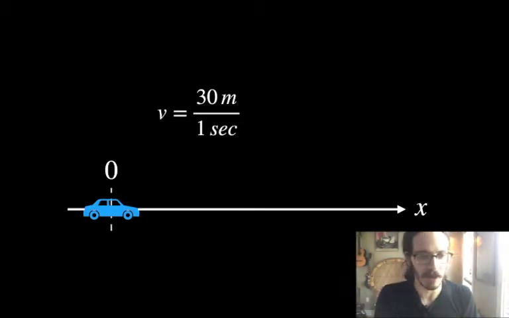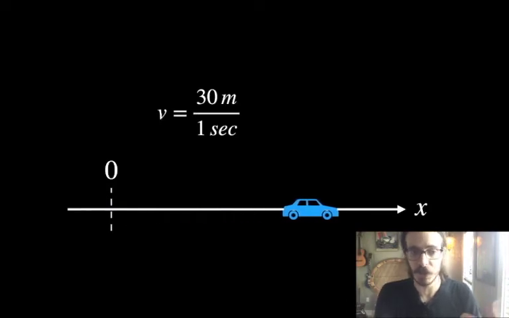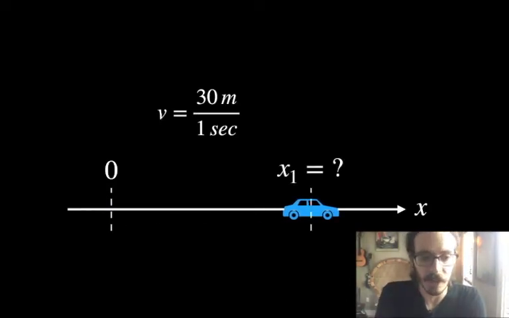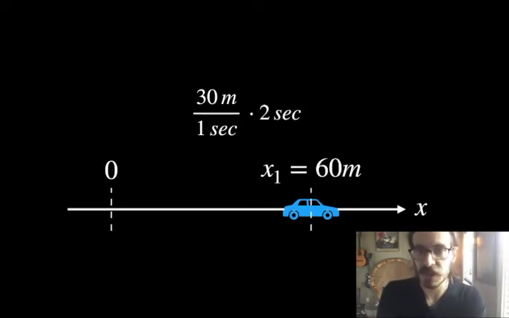If we let this car drive at its constant velocity for 2 seconds, then it's pretty easy to intuit what the final position is going to be at the end of 2 seconds, because all the information we need is contained in that velocity term. It's the definition of velocity, how much distance is covered over time. So if it covers 30 meters in a second and it runs for 2 seconds, then we have 60 meters at the end.